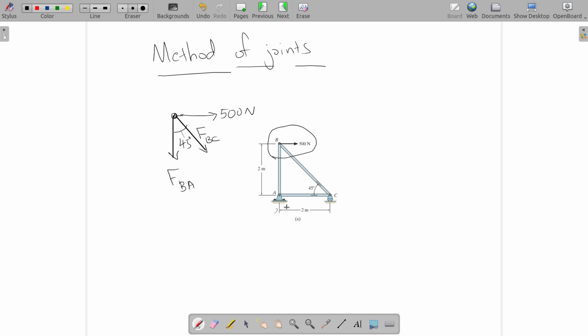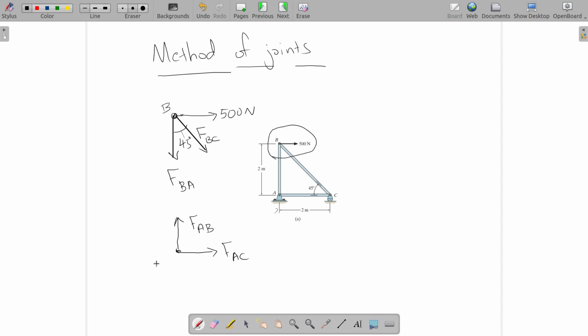Now let's consider next joint A. So at joint A you have FAB. Again we've simply assumed tensile force. Here also we have assumed tensile force. This is FAC, right?